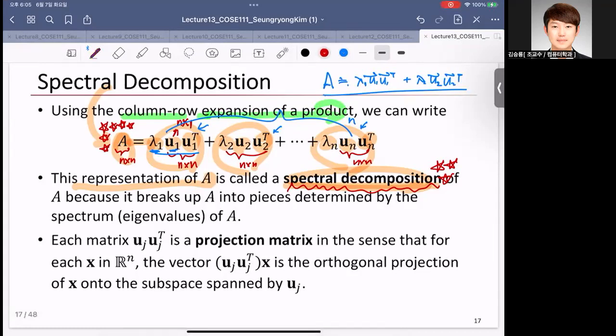Then this one is the approximation of matrix A, but it's not the original matrix A.